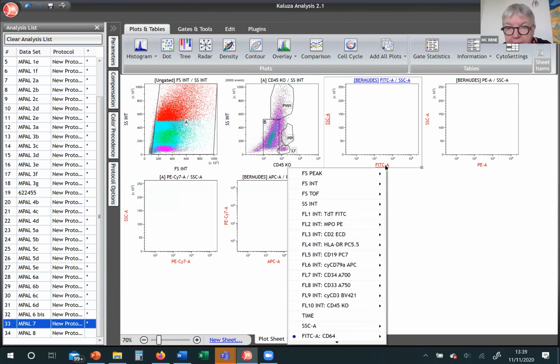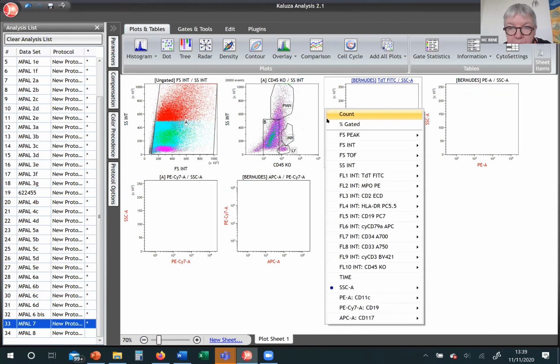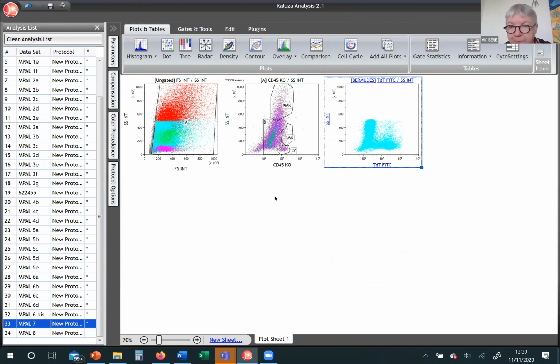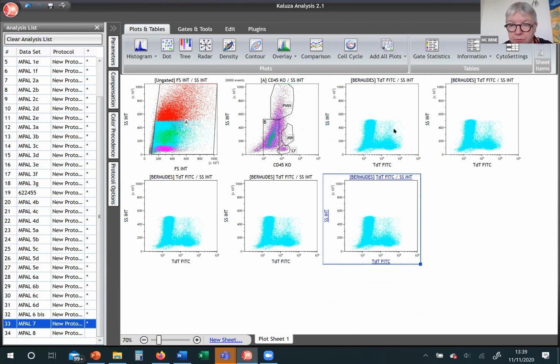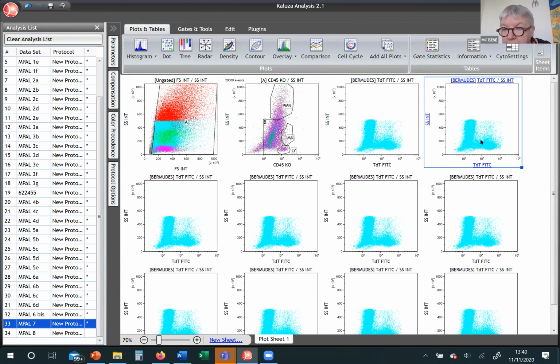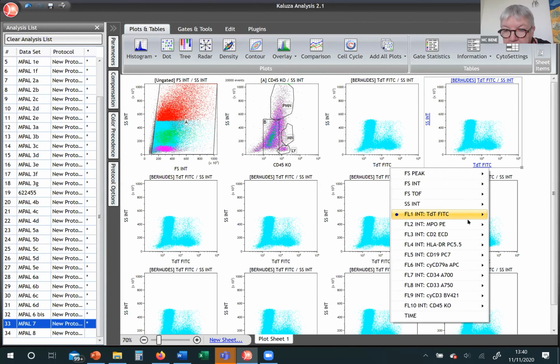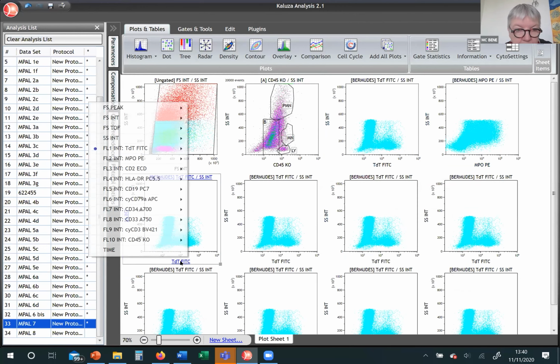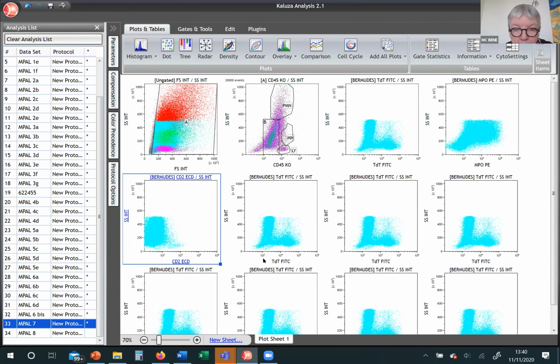So I'm going to make my markers here. So FITC, and of course I will use side scatter, and it's easier to go like that. And then to copy this one. And then we move our different markers. So FITC, PE is MPO. This one is CD2.